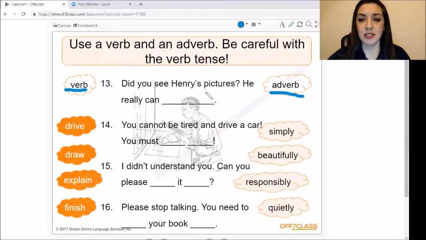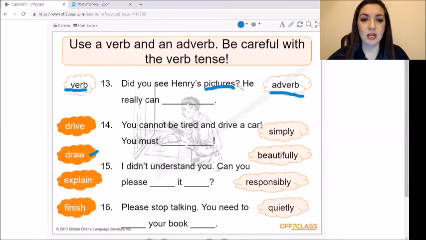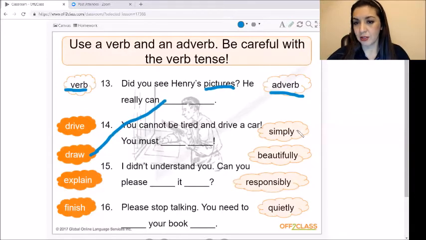If it's something to do with pictures, it's either photography, painting, or drawing. He really can draw is the verb. He really can draw simply, beautifully, responsibly, or quietly. He really can draw beautifully.